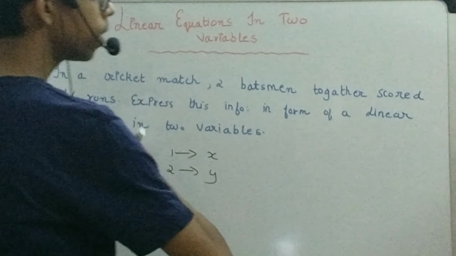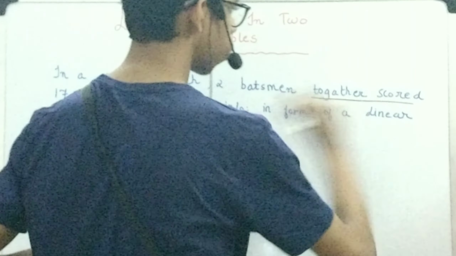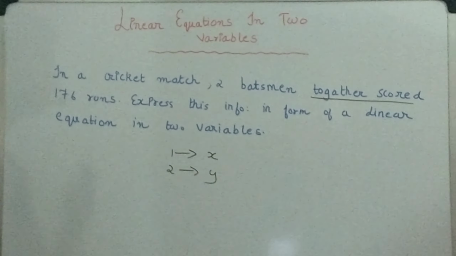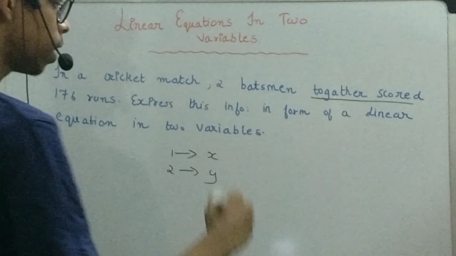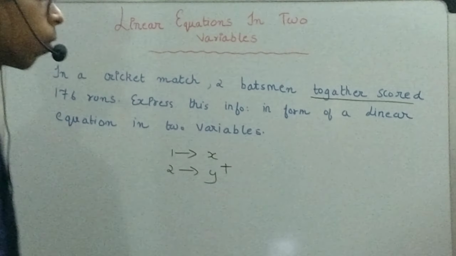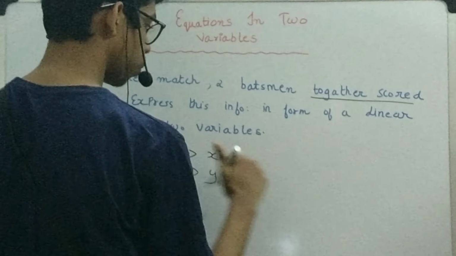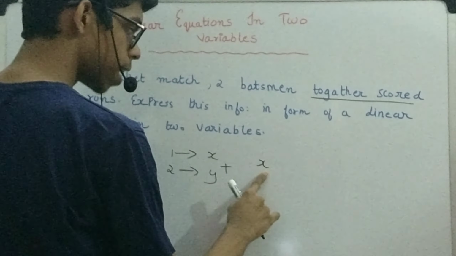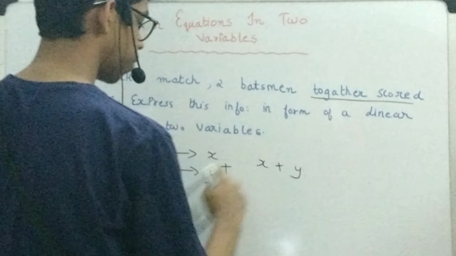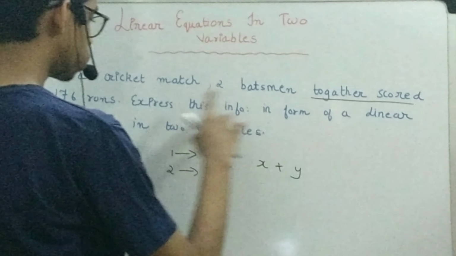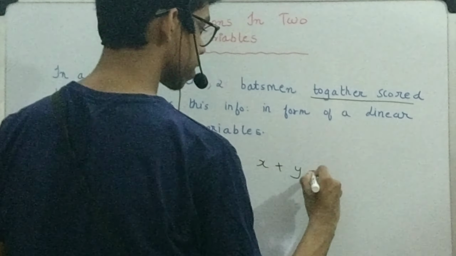And it is said that they together scored. In mathematical terms, when we say together, it means plus. Which means the first batsman, which we considered as x, plus the second batsman, which we considered as y, together scored 176 runs.